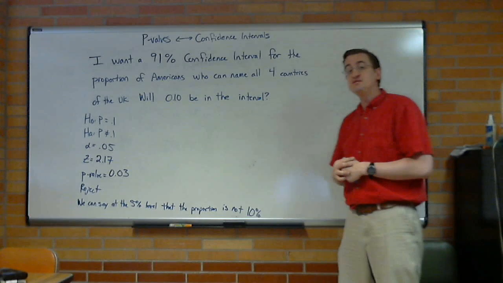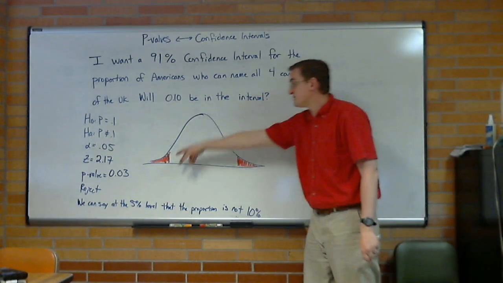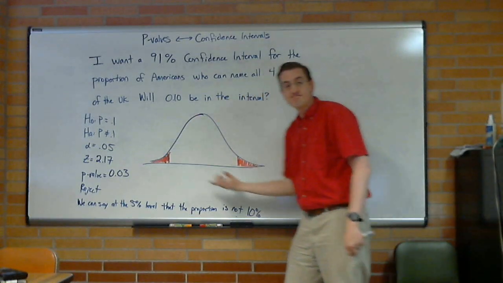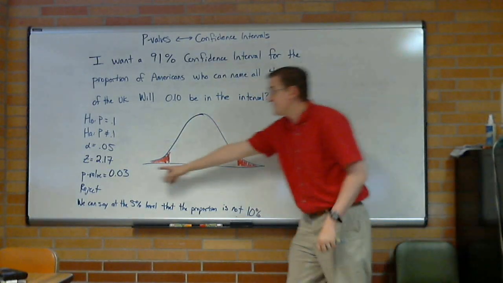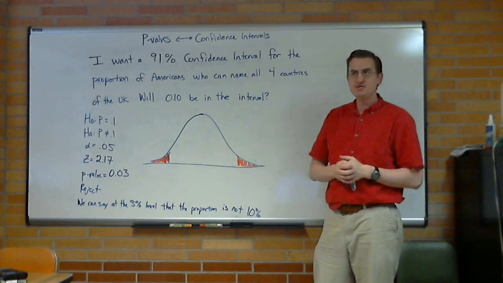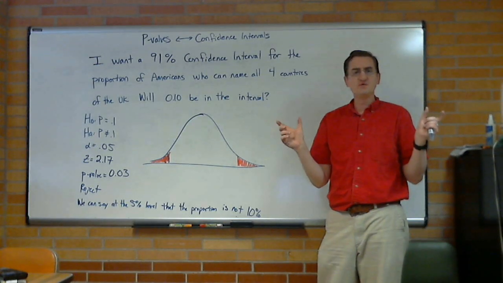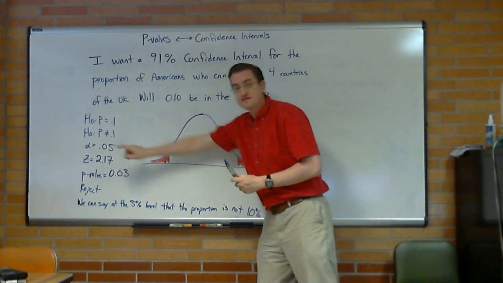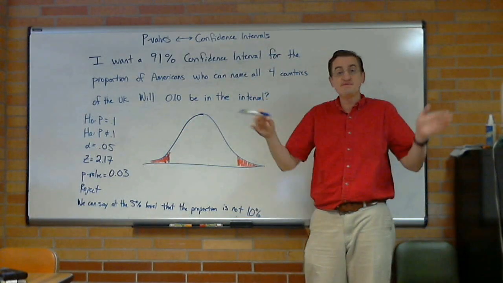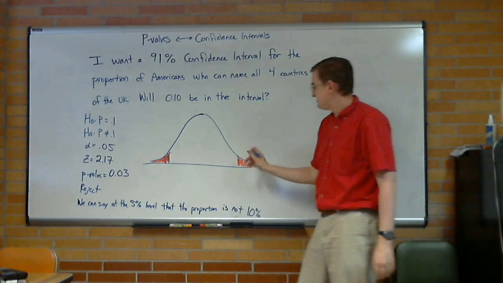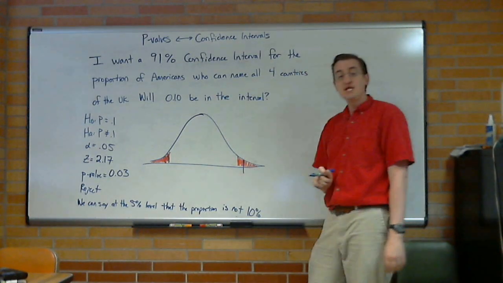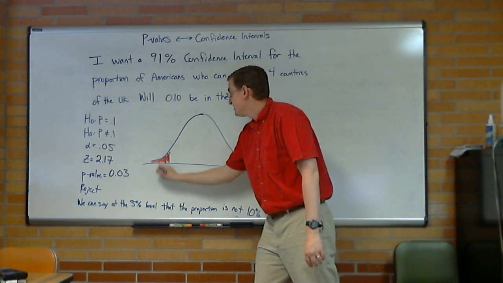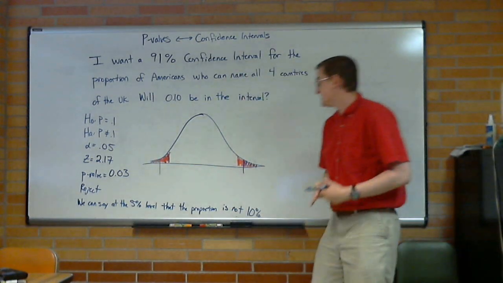Well, let's start by drawing a picture. Here's our curve with a rejection region here drawn in red. It's 5%, so 2.5% in each tail. Now the p-value was 3%, so each tail must have had 0.015 in each tail. And so I landed outside that 5%, which means I was further away from the mean. You should be comfortable with this picture. I landed somewhere like that, which gave me a p-value in this area there.